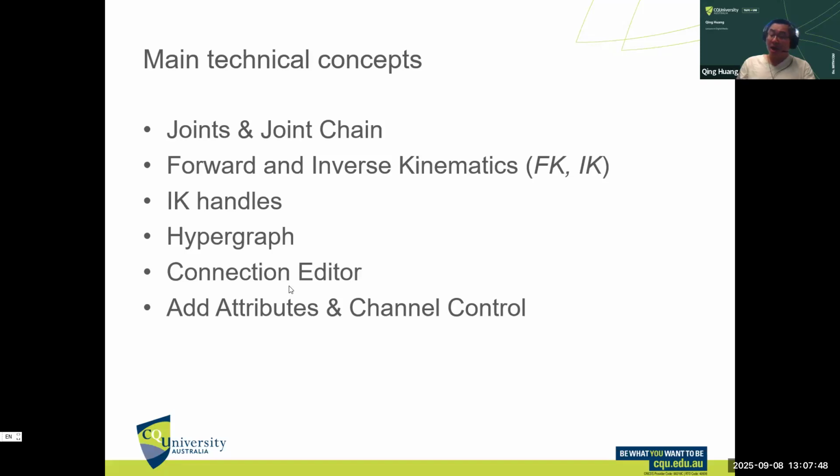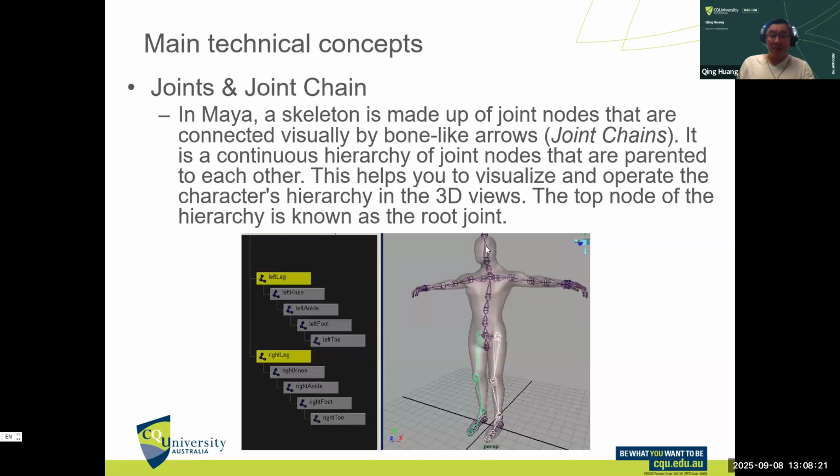Sometimes you need to wire certain properties to another node's properties, so you need the Connection Editor in Maya to connect them. And if necessary, on top of the default properties, you might want to add some customized properties, or optimize the channel box display for you to control the rig. We'll go through them one by one.